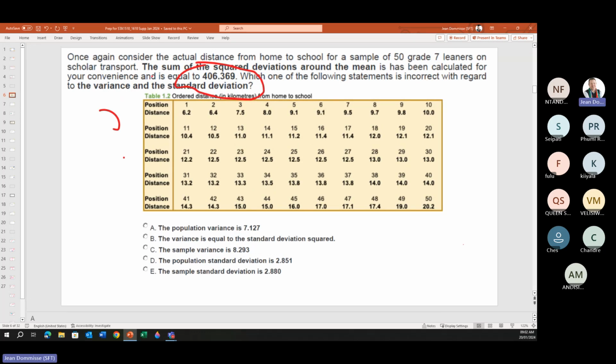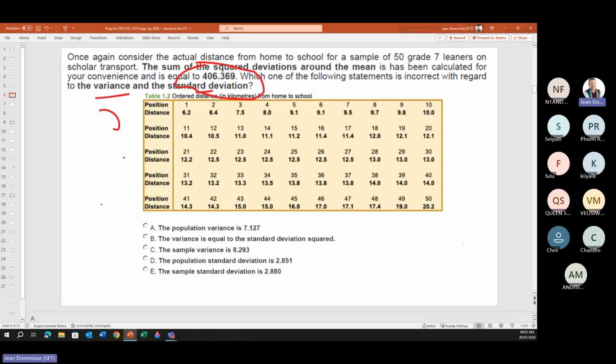Okay, so they tell us the sum of squared deviations around the mean has been calculated, and it is equal to 406.369. Which one of the following statements is incorrect with regard to the variance and the standard deviation? Okay, so they give us that sum of squares.